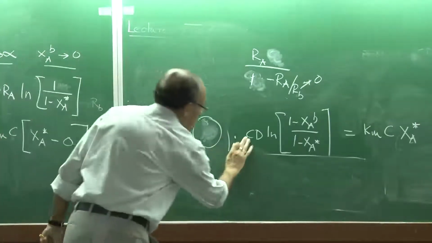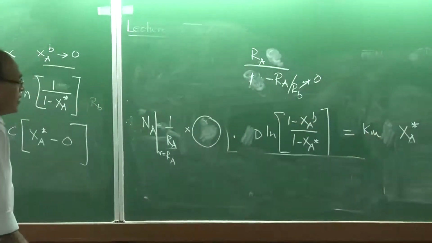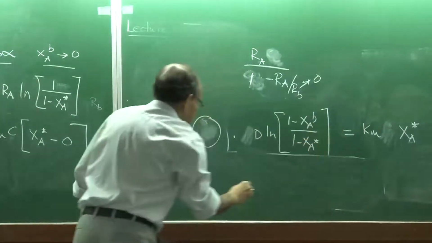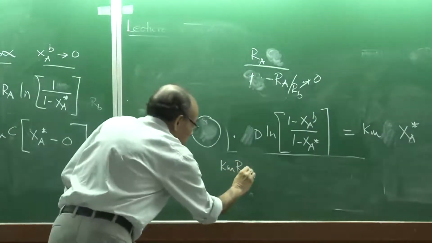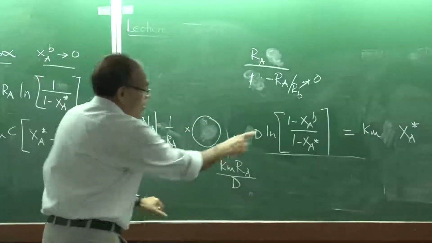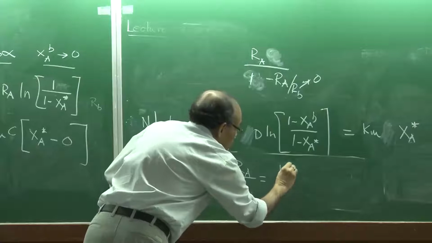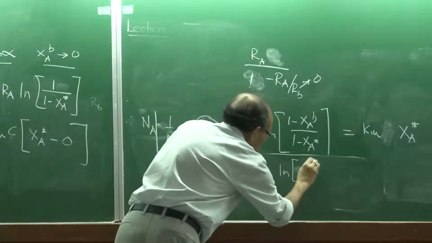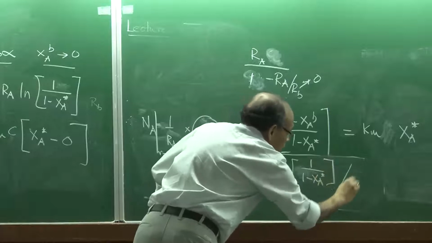So, the C cancels out, and now we can see that if we do this, Km multiplied by Ra, the radius of the sphere, divided by the diffusion coefficient, and this value is now 0, this is shown to be ln of 1 divided by 1 minus x star, divided by this x star.